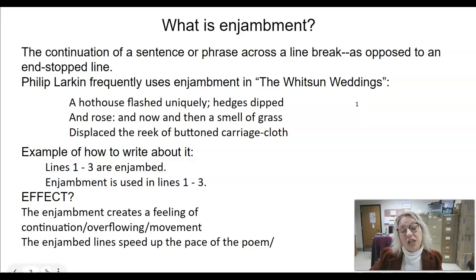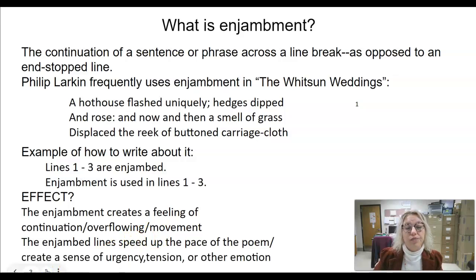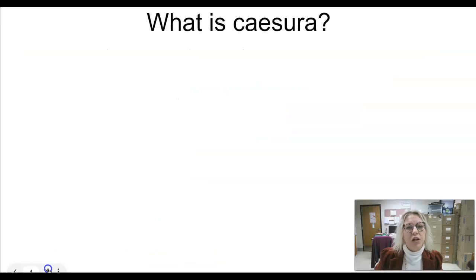You might say the enjambed lines speed up the pace of the poem, because remember, when we read poetry, we pause at punctuation. So if there isn't punctuation at the end of a line, and if there isn't punctuation in the middle, we're going to really be going fast, right? So the more enjambment, the faster the poem goes, which might create a sense of urgency or tension or other emotion.